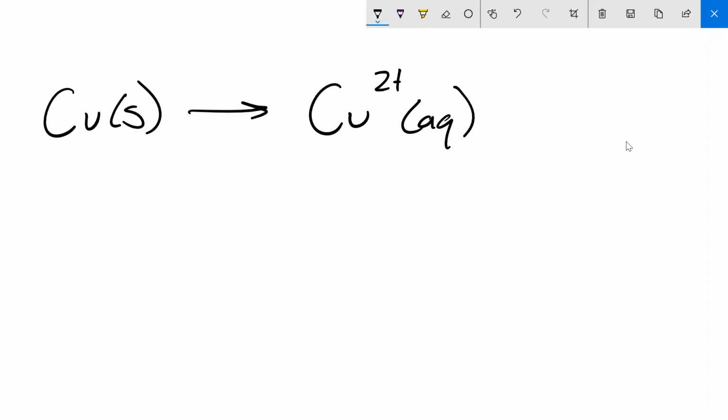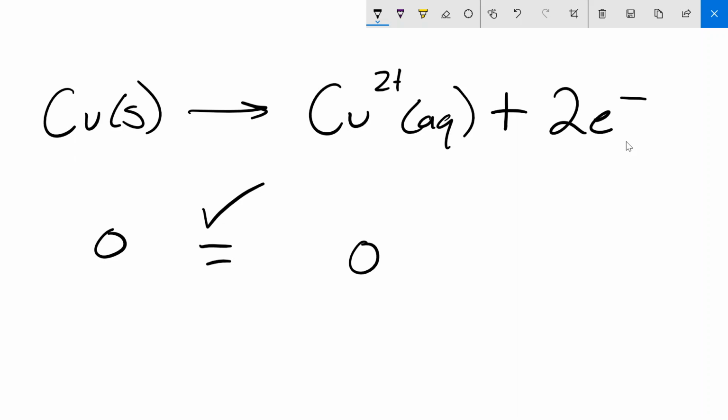If it's 0 on the left, we need to make the right 0 here, so we're going to add in 2 electrons to our oxidation half reaction. Now we've got a charge on the left of 0 and a charge on the right of 0. Because the charges are equal, we have obeyed the law of conservation of charge.